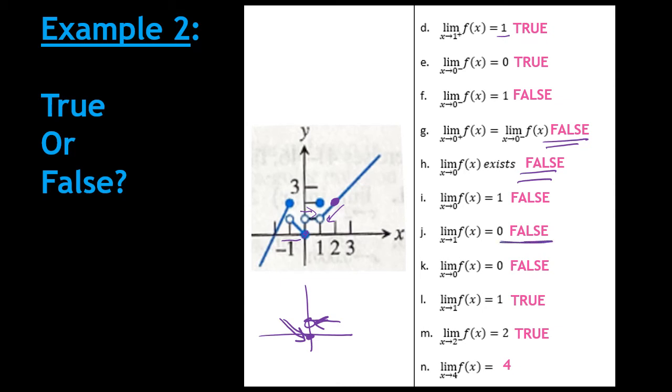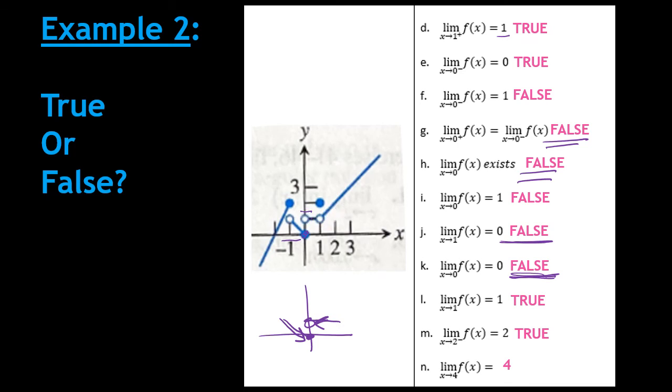So that's what makes this false. Okay, the limit of the function as x approaches 0 is 0. That is also false because we've already established that at 0 the limit does not exist. At 1, coming in from the left right here and from the right, we are approaching the same y value of 1, so that is true.